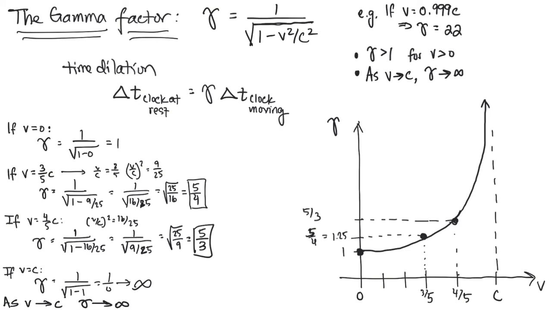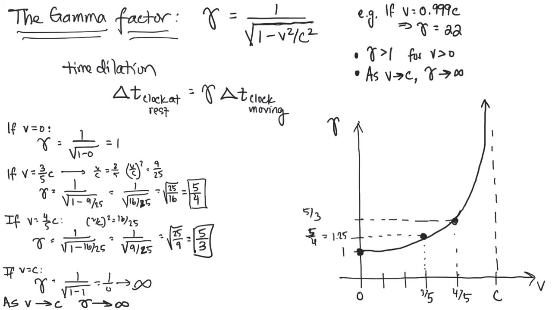Let's look, for example, at v equals 0.999 c, where gamma is 22. If we take that gamma and look back at the time dilation equation, what this is saying is that for every 1 tick of the moving clock, the clock at rest ticks 22 times.